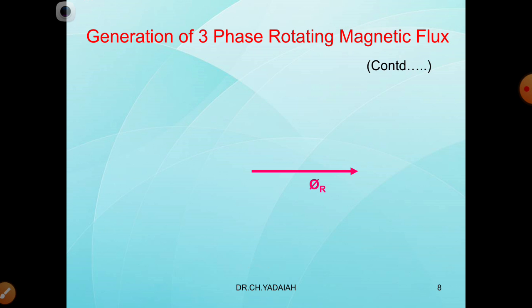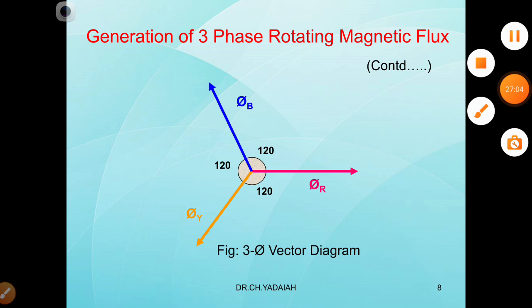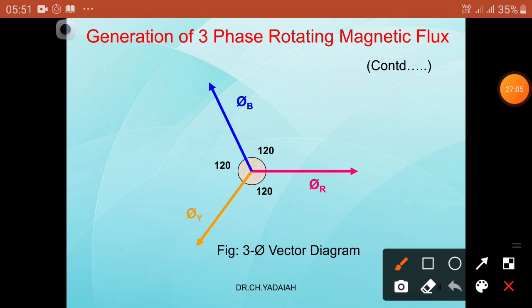Now in the vector diagram, the R phase is taken as the reference, the Y phase is taken in the clockwise direction, and further the B phase is taken in the clockwise direction. So this is the R phase, this is the Y phase, this is the B phase, taken in the clockwise direction.